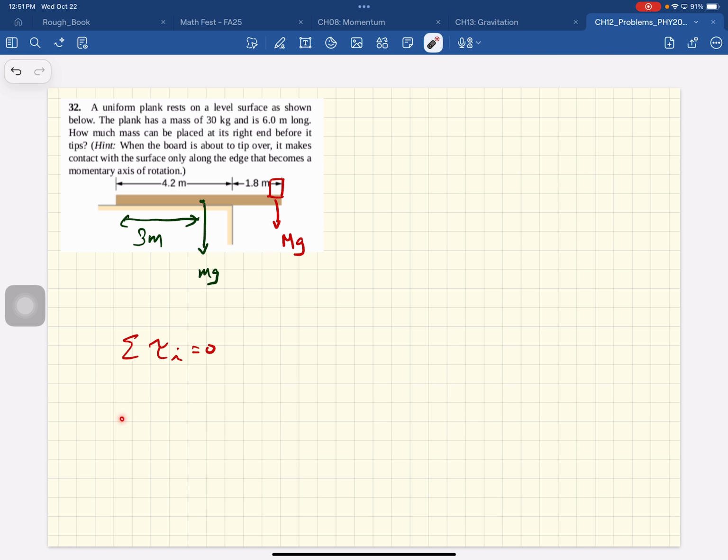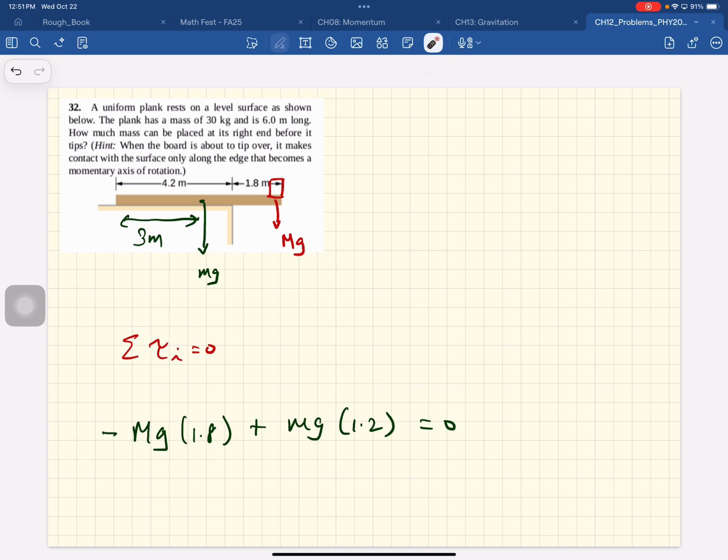So mg times 1.8 meters, that's a clockwise torque, so that's negative, plus Mg times, what is this distance? This is 3 meters, so this distance is 1.2 meters, equal to 0. The g cancels.